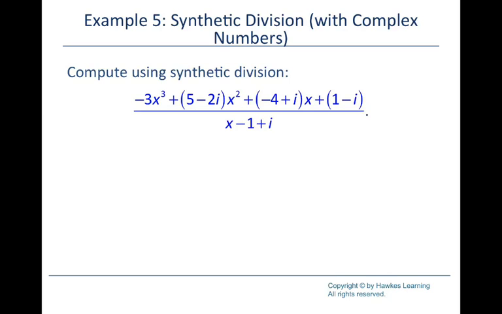Now we've got a synthetic division using a complex number, which is very difficult. And I want to talk about complex numbers for a minute. When you have a complex number as a factor potentially, it always comes in pairs with its conjugate.